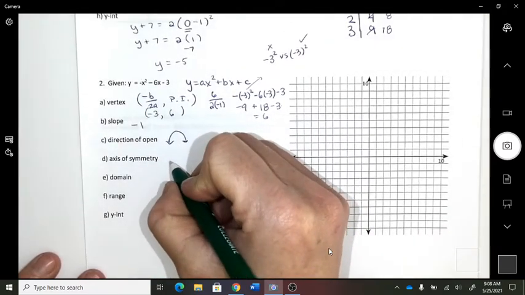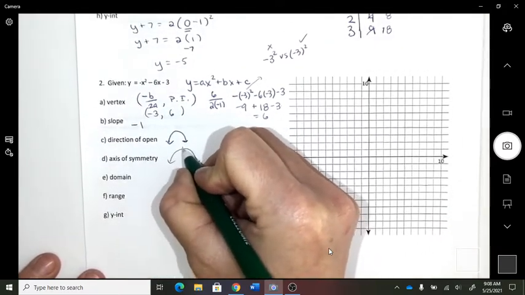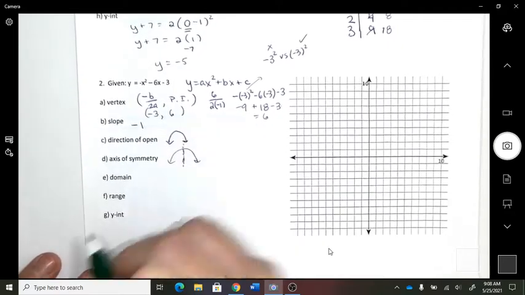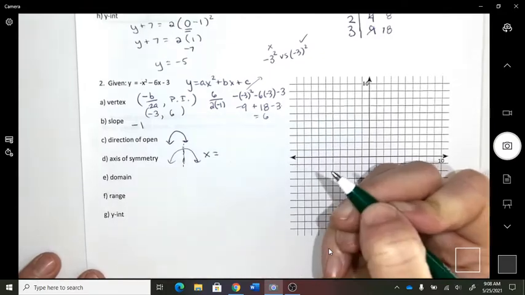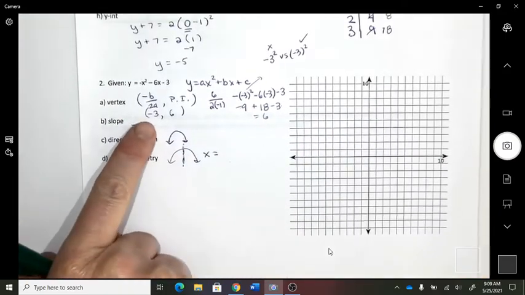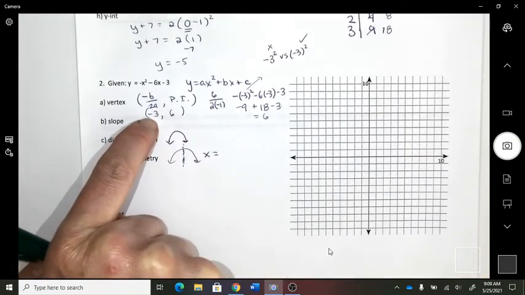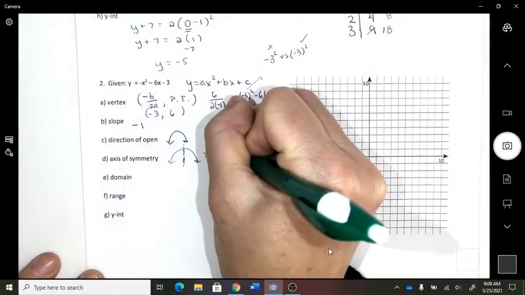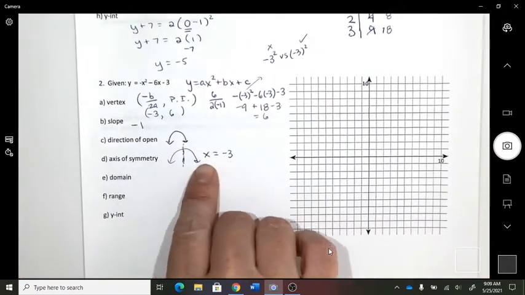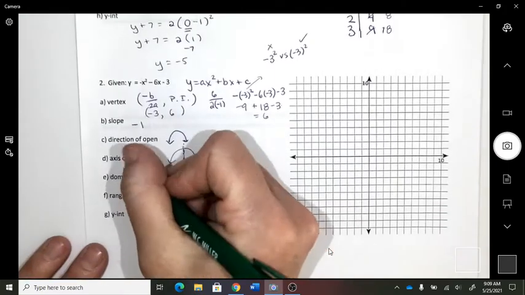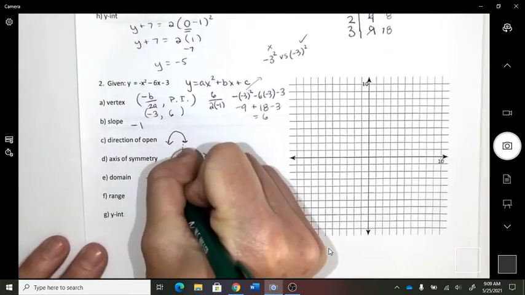Axis of symmetry. So what's that line? It's always x equals, and it's going to cut through the vertex, so it's going to cut through negative 3. Often a mistake there is forgetting x equals. Domain, it's the same, it goes outward.